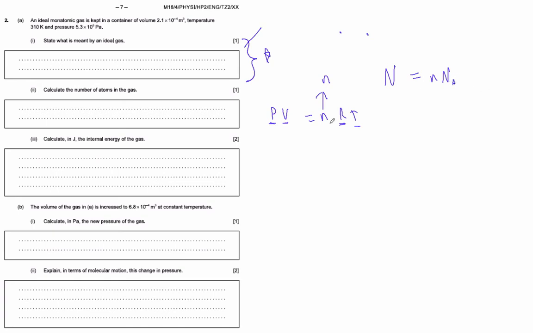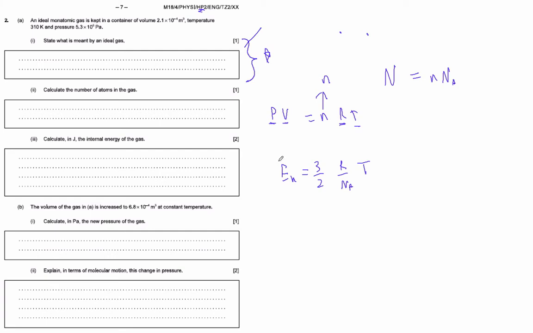Okay. Calculate in joules the internal energy of the gas. Well, what if we didn't study this? From our perspective, kinetic energy is 3/2 R over Na times T. That's the energy of one particle.